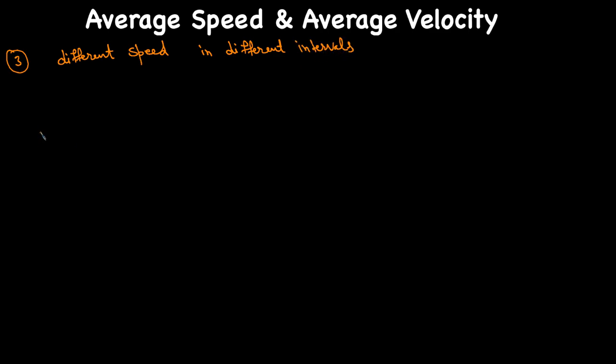Let's say the body or the particle is moving with speeds v1, v2, v3, and so on, and the time intervals are t1, t2, t3, and so on. Remember, speed is distance over time, so distance s is going to be speed times time.